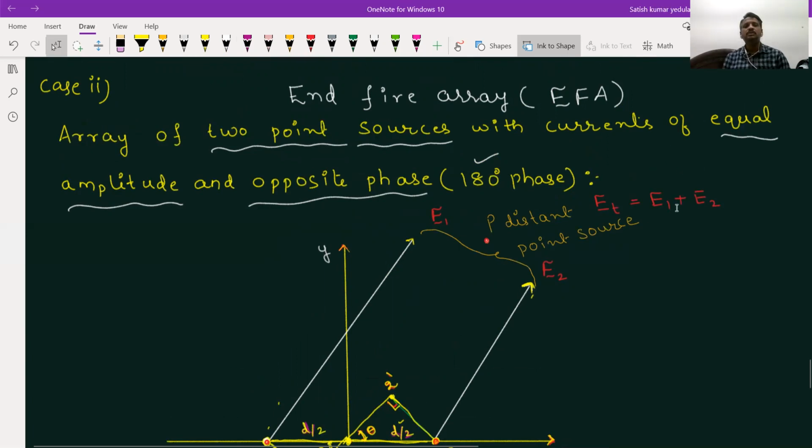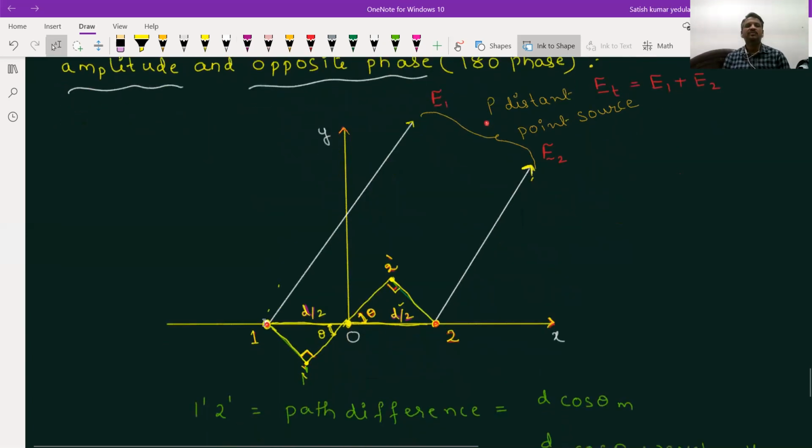Because those currents of equal amplitude and opposite phase excite these two antenna elements 1 and 2, the electric field intensity at a far distant point will also behave the same way. If these two amplitudes are the same, the resultant electric field intensities E1, E2 amplitudes will also be the same. If these two are excited with 180-degree phase difference, the electric field intensities will also have the same phase difference. That's what you should understand.